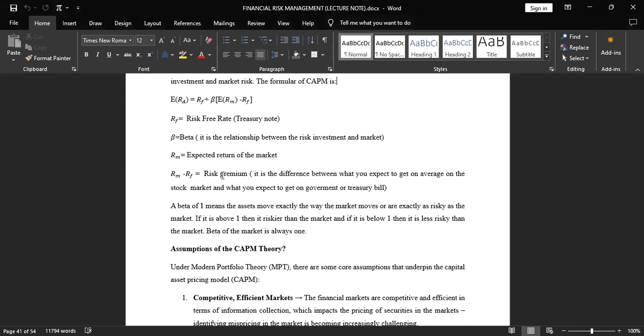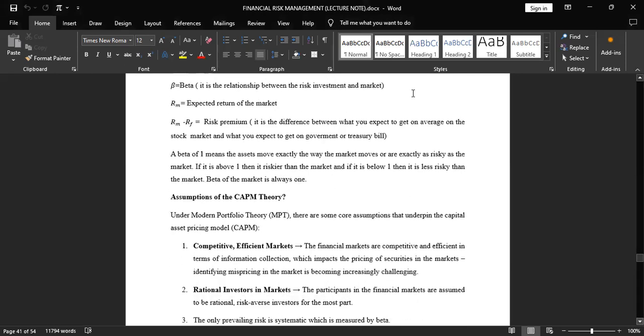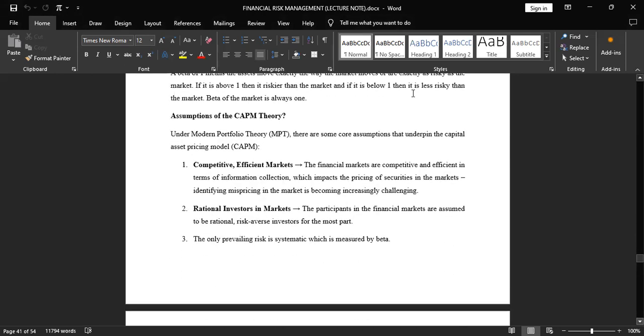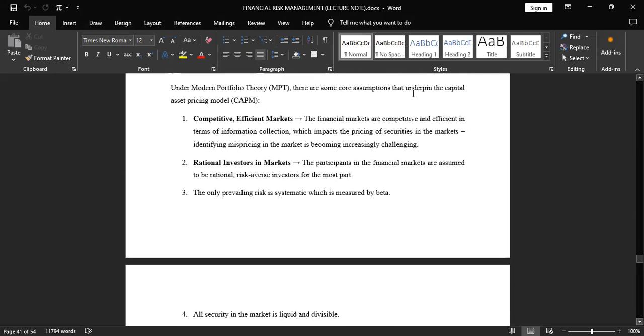Now there are certain assumptions when it comes to the capital asset pricing model, underlying this model. We believe there's an efficient market. When we talk of an efficient market, we are talking of where securities reflect the information available in the market.